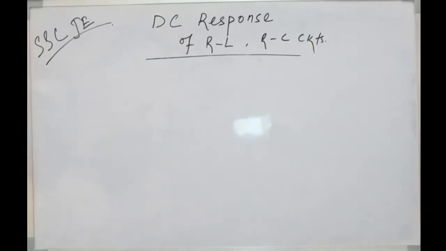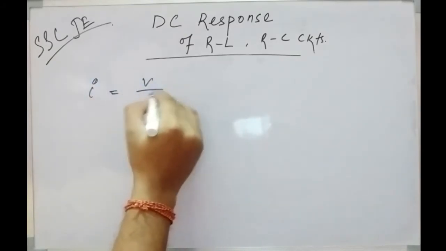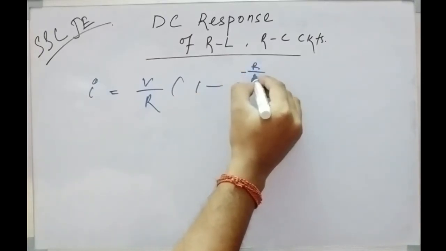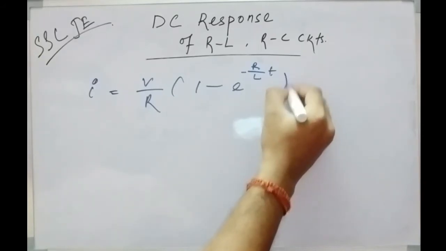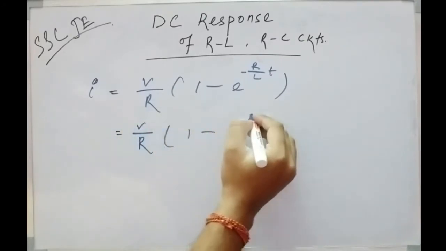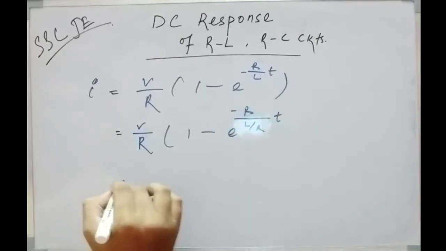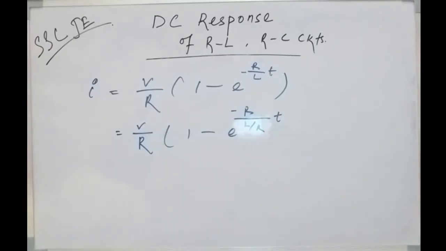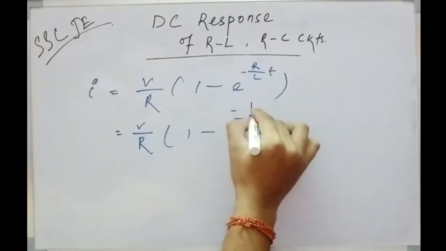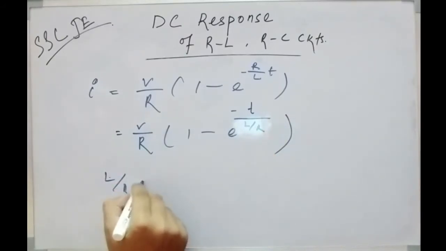So likewise we can find out the response for the RL circuit, and that will be I equals to V by R into 1 minus e to the power minus t by L by R. Over here L by R is the time constant.